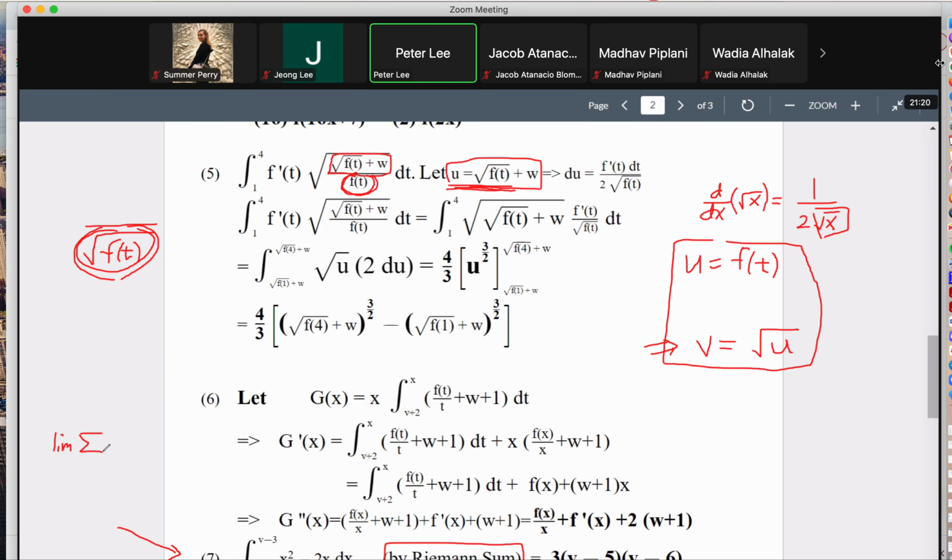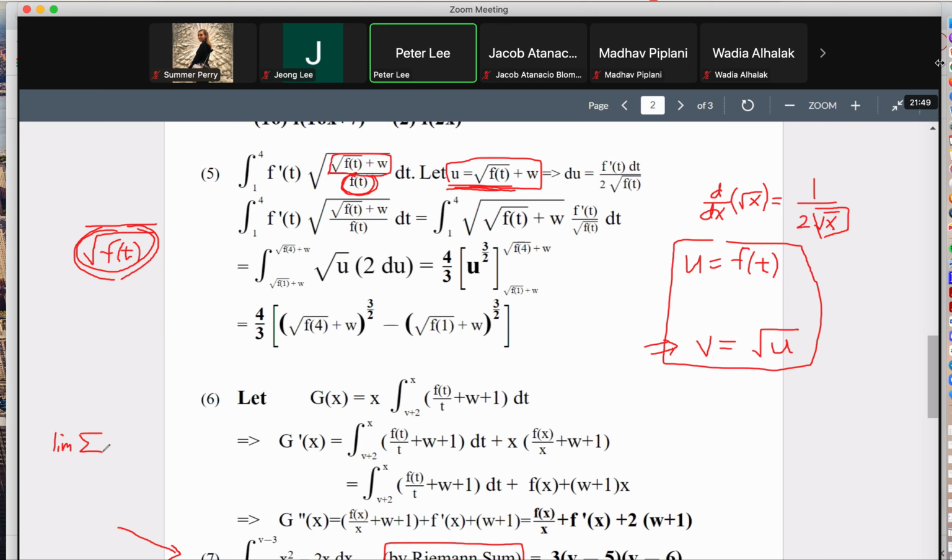Whenever you see the word definition, pay close attention, because it means that you must use a definition. And in addition to that, I said, do not apply FTC, either part 1 or part 2.